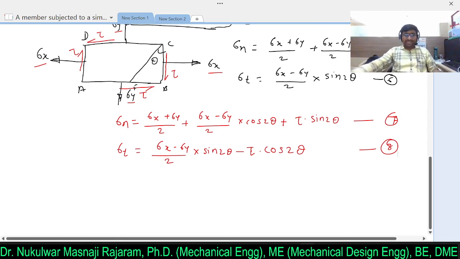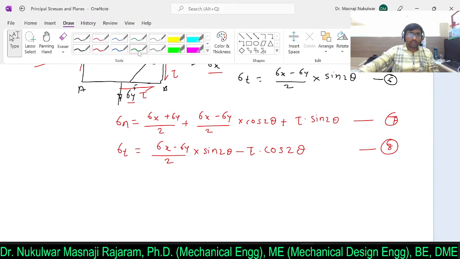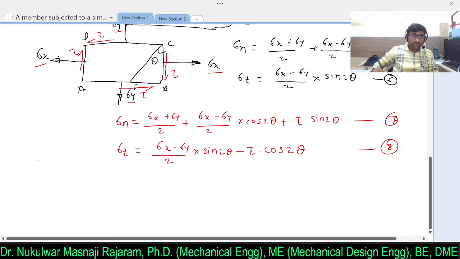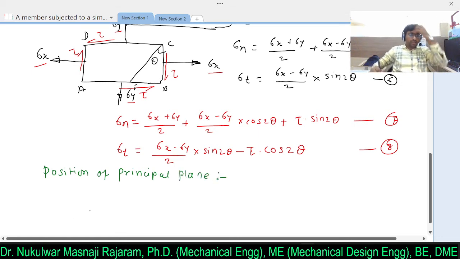Now let's see the position of the principal plane. When we want the principal stresses or principal plane, what is the condition?